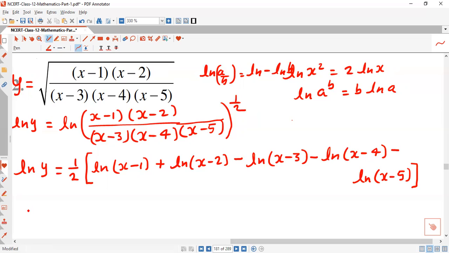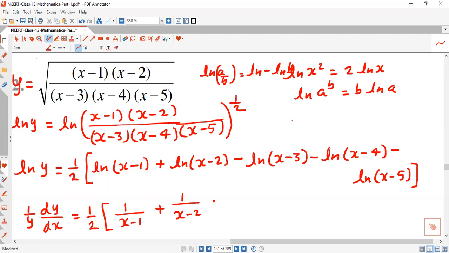We get 1 upon y, dy by dx, equal to half, constant taken outside, times the derivative of log x minus 1, which comes out 1 upon x minus 1, plus 1 upon x minus 2, minus 1 upon x minus 3, minus 1 upon x minus 4, minus 1 upon x minus 5.